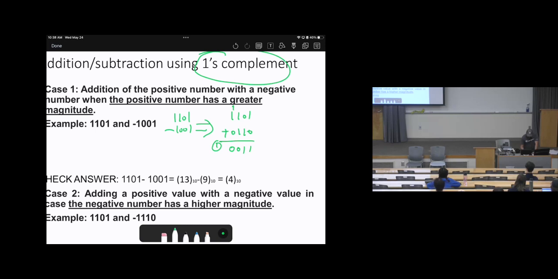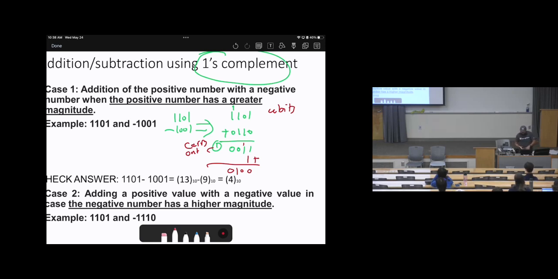This is 4 bits, so we have a carry out. What should I do with the carry out? Since we are in ones complement, you will add it here. So 1 plus 1, 10, 0, carry out 1. Then 1 plus 1, 10, 0, carry out 1. Then it will be like this. So this is the final answer.